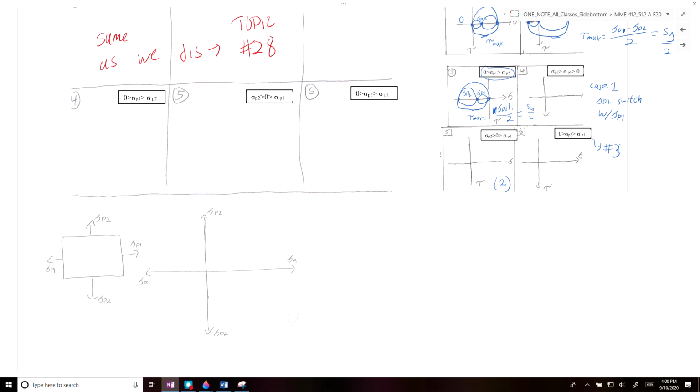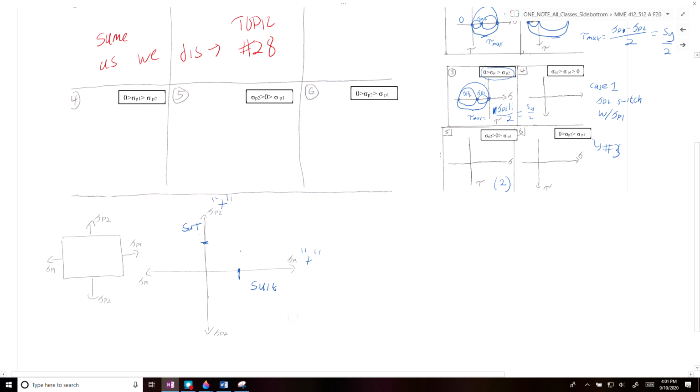So in the case of the Coulomb-Mohr criteria, when we draw our boundaries of our maximum allowable stresses, we'll plot our ultimate tensile strengths along the positive or tensile axes for sigma p1 and sigma p2.